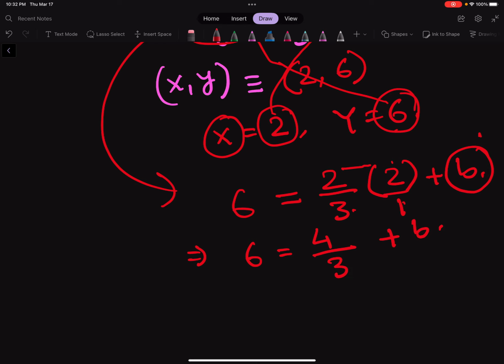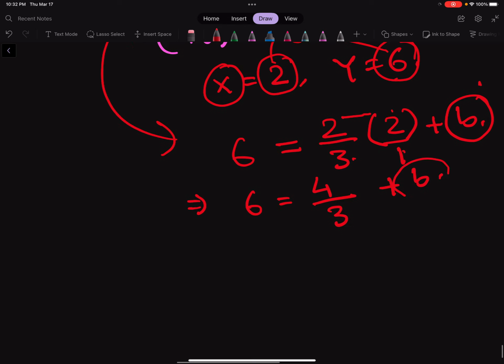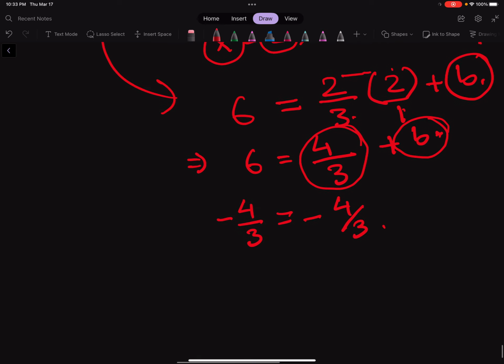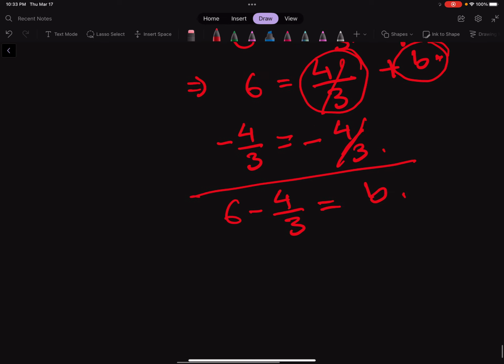Now I want to isolate b because I want only b. I'll have to cancel out this, so I subtract 4 over 3 from both sides. What I get is 6 minus 4 over 3 equals b.